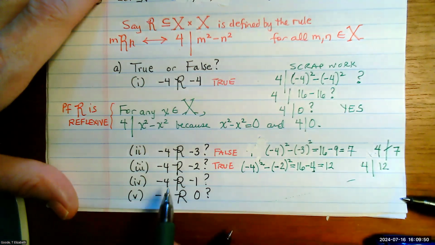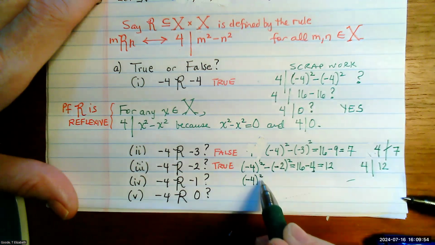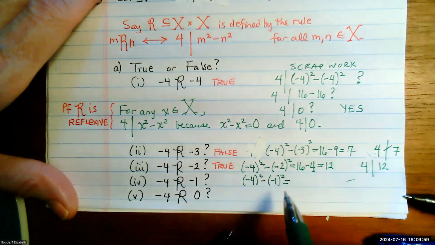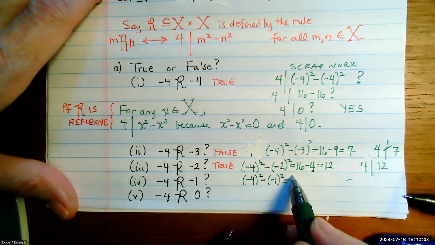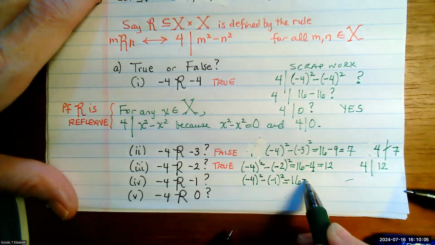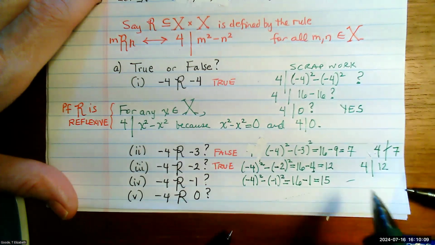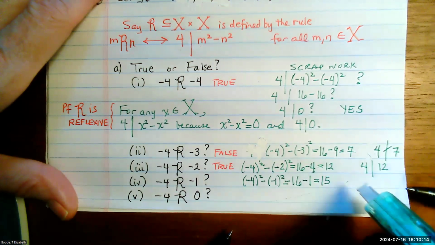All right, let's see. Is negative 4 related to negative 1? Let's check. Is negative 4 squared minus negative 1 squared going to be divisible by 4? Well, what is negative 4 squared minus negative 1 squared? 16 minus 1 is 15. And does 4 divide 15? Of course not.